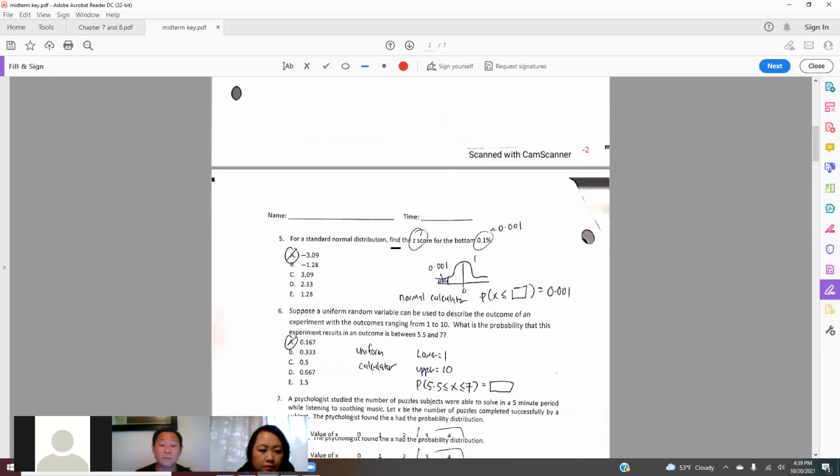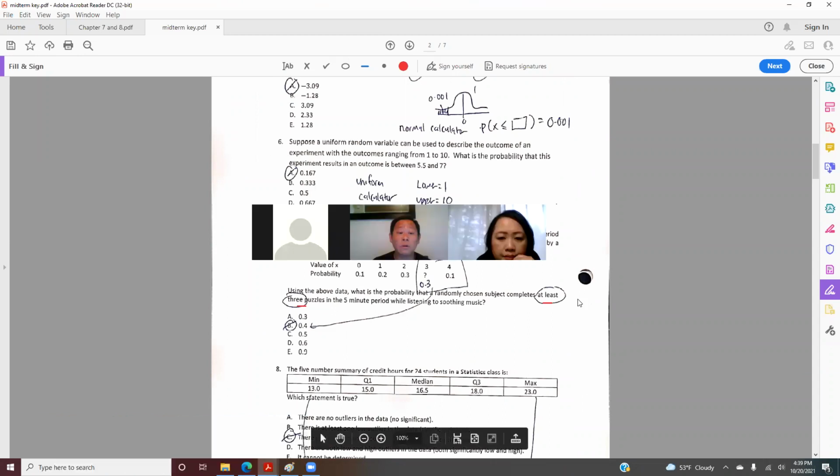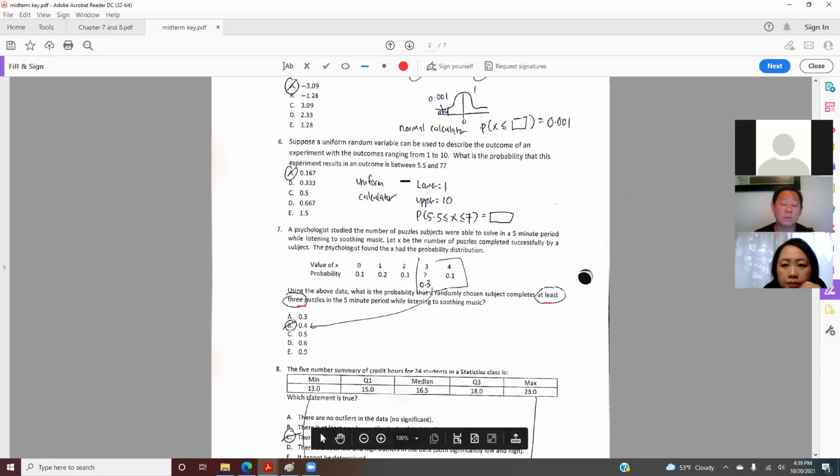Yes, Suli. So for 6, I see that I circled the A, but you circled B in red. I didn't understand. I will look at your test in this case. Yes, Suli. Also, how did you find the probability for 3?